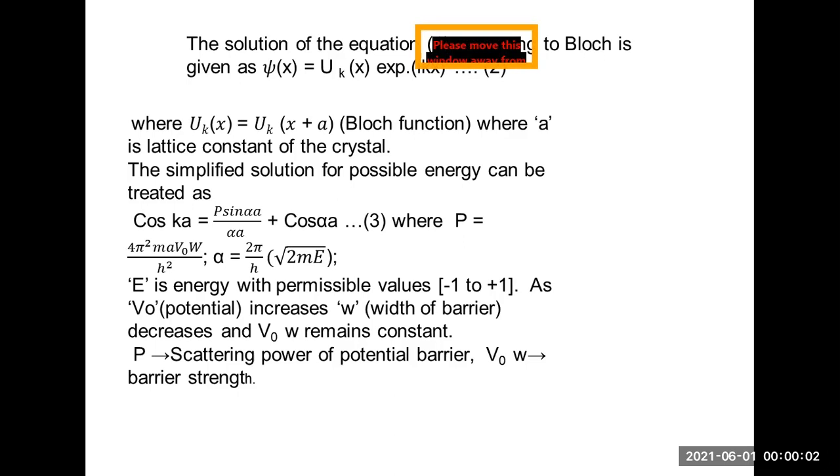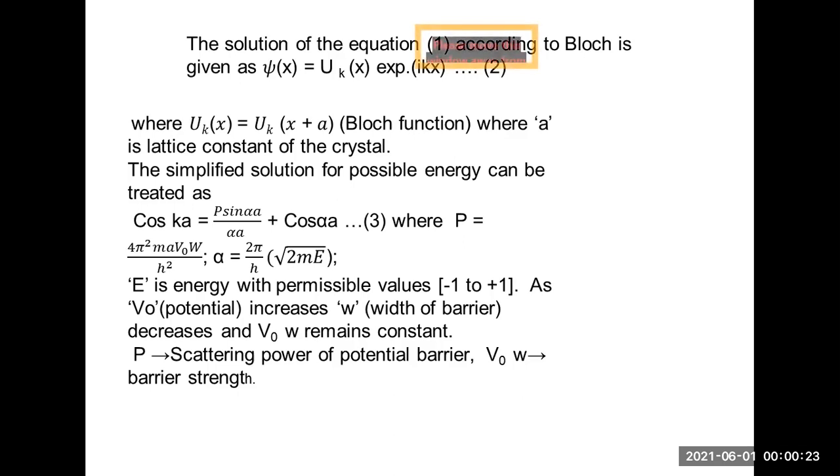This is the basic equation of the Schrodinger wave equation when it has been simplified with a particular solution with all the possible energies. What is actually the meaning of P? P is nothing but 4 pi square m a V naught b by h square.